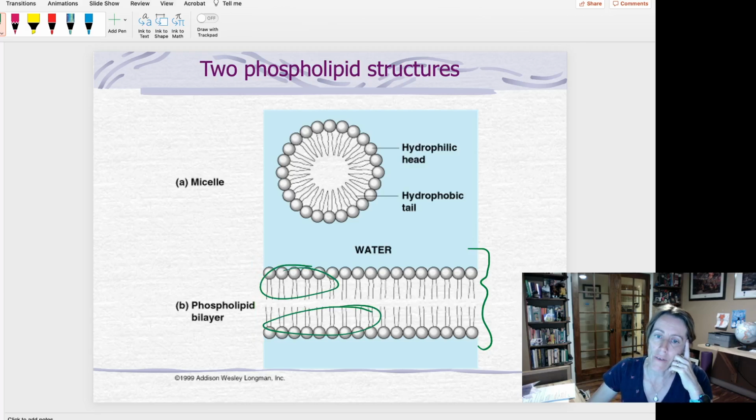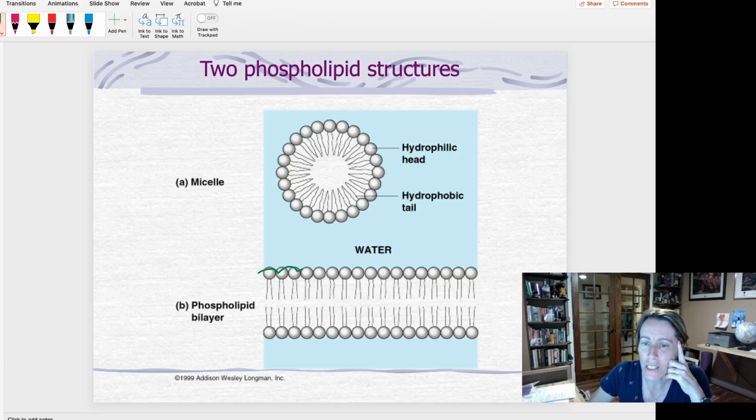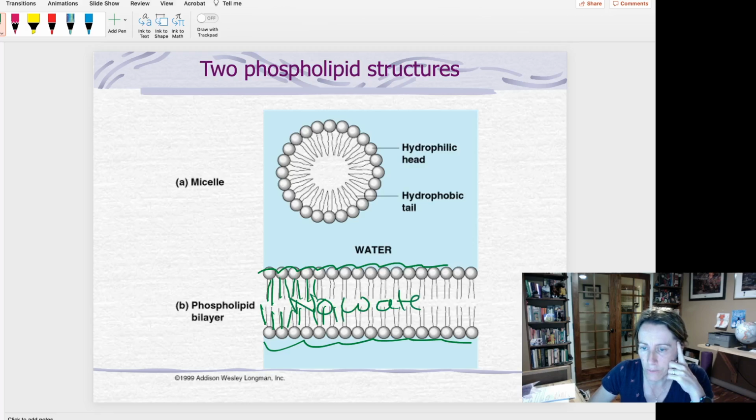They have arranged themselves in such a way that the water is touching the heads along this side, and the water is touching the heads along this side. And then the tails that hate the water are hanging out with each other, and the water is excluded. So this is like a greasy area with tails, and no water is here.